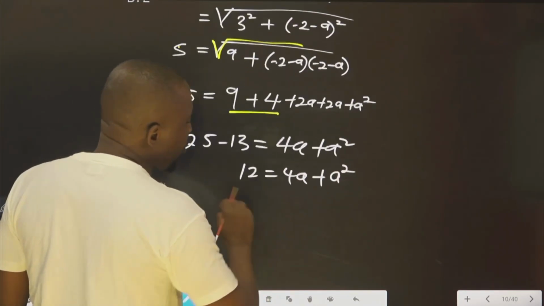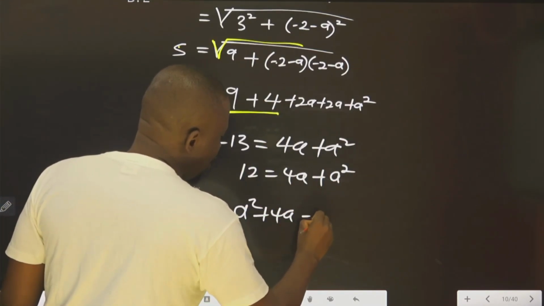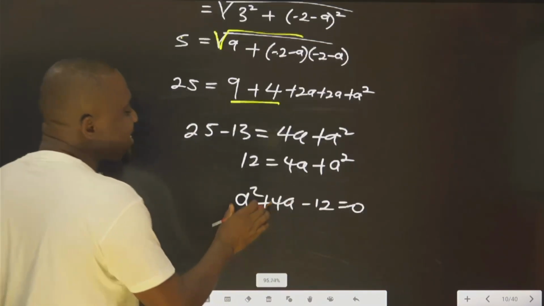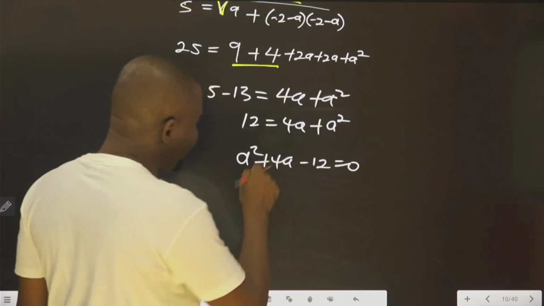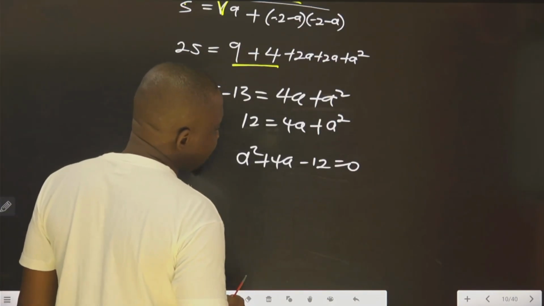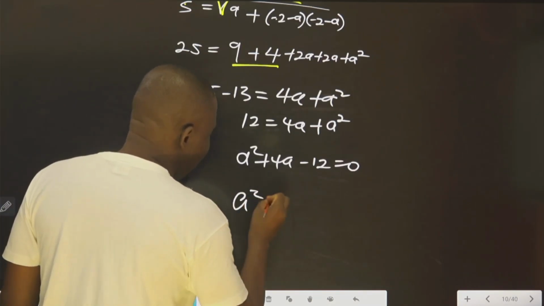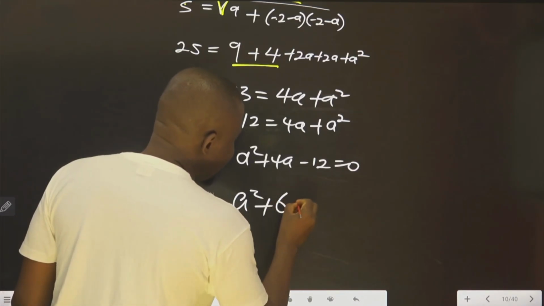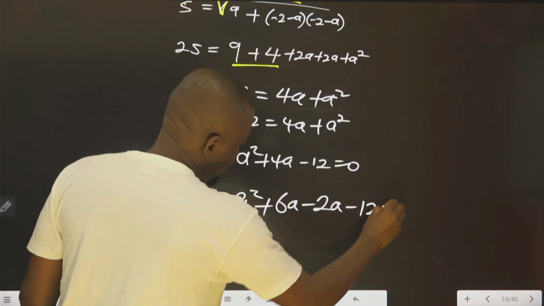What we need to do now, we need to move 12 to this side to have a quadratic equation. The next thing is, what are you going to multiply together to have minus 12, and if you add them, you have 4? That is what? 6 multiplied by 2. So therefore, this is a squared plus 6a minus 2a equal to 0.